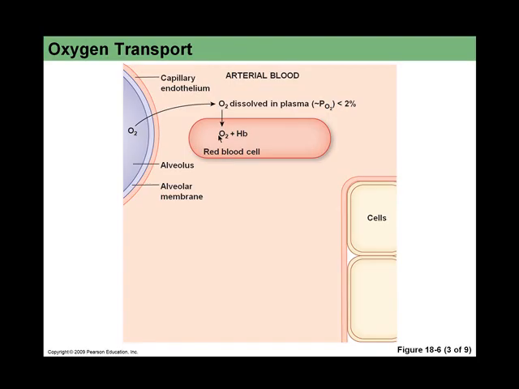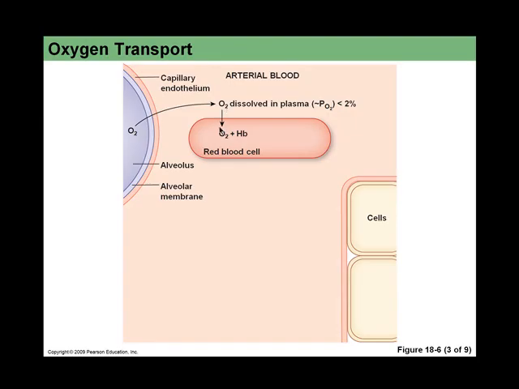Obviously another proportion is going to get into the red blood cell. And when we bind that to the hemoglobin, of course, we sustain this concentration gradient. As long as there's hemoglobin to bind the oxygen when it comes in, you sustain the concentration gradient of plasma to red blood cell cytosolic concentration of unbound or free oxygen.